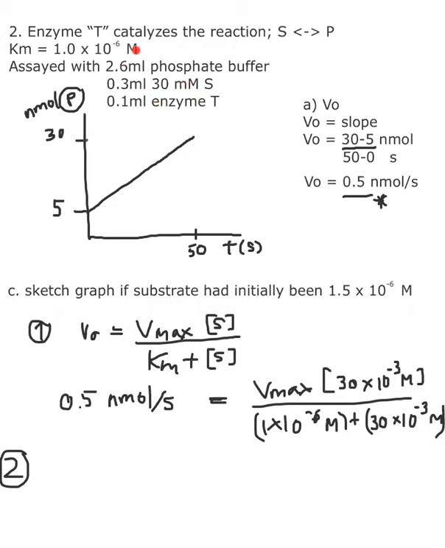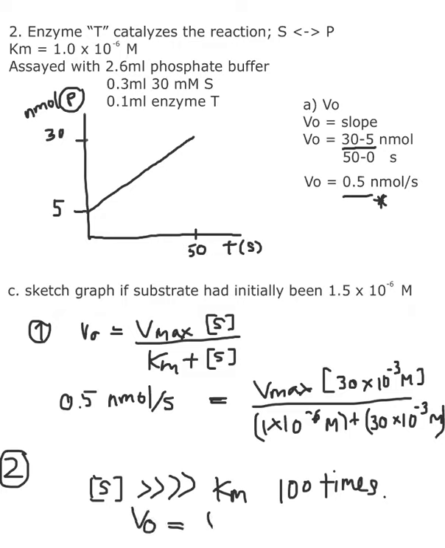So if you run the assay and the concentration of the substrate is greater than the value of Km by more than 100 times, we assume that the velocity from that reaction would be equal to Vmax, correct?